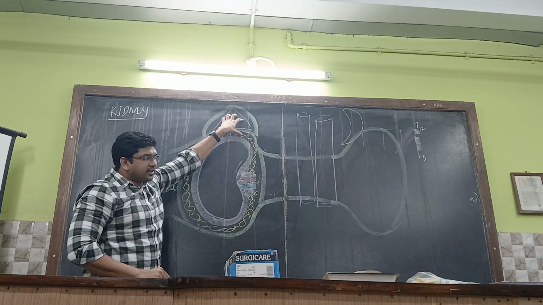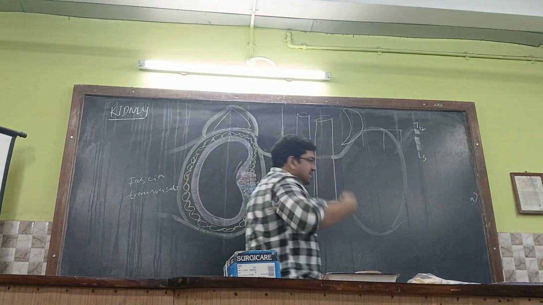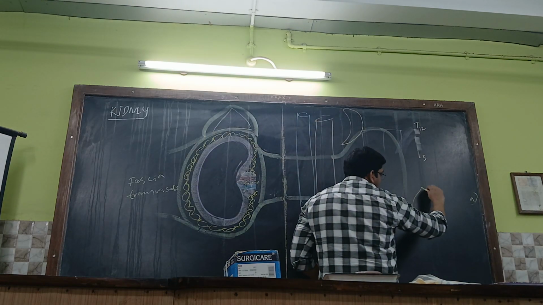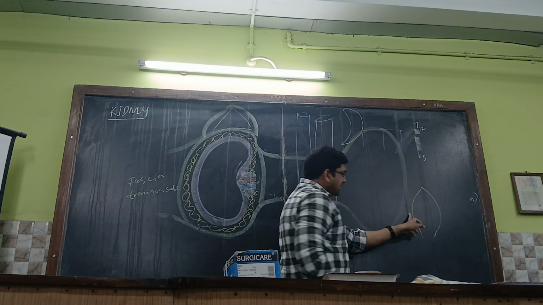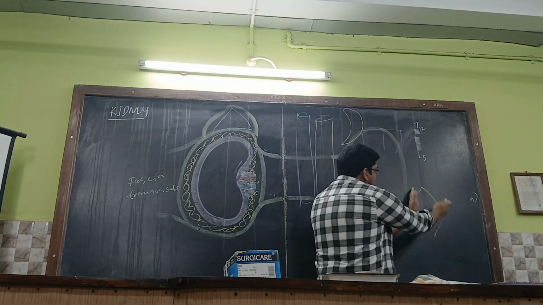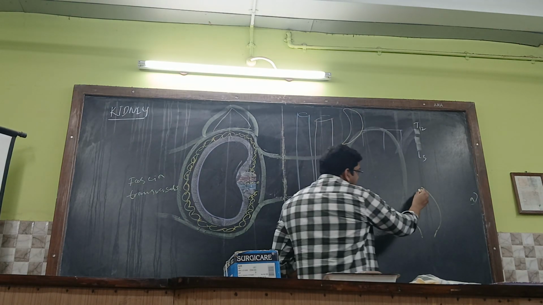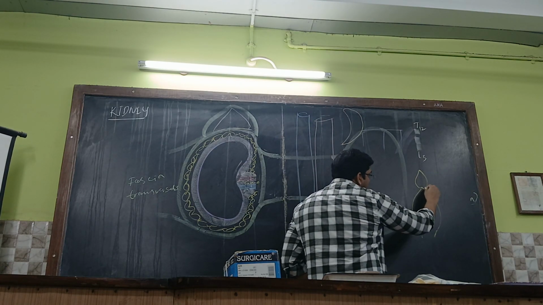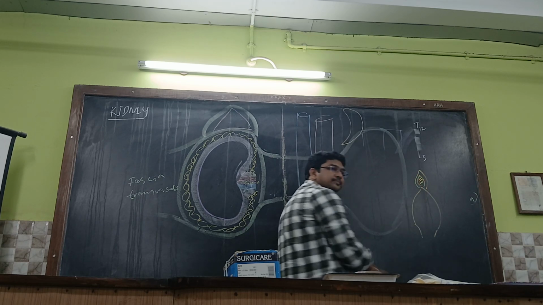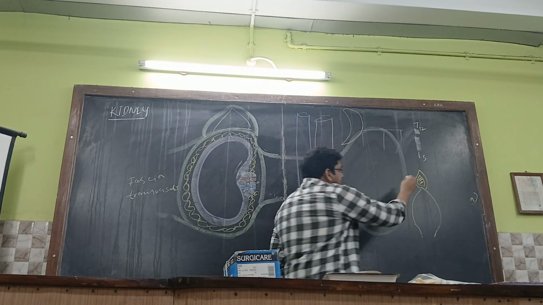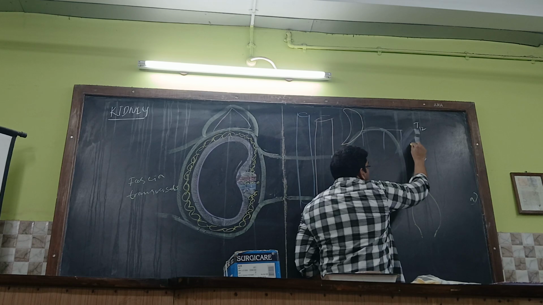Understood or not? Initially the two layers, if you take a sagittal section, the anterior layer and posterior layer have joined above, above the kidney. And again they will divide and enclose the suprarenal gland. And this will be joined with the diaphragm.